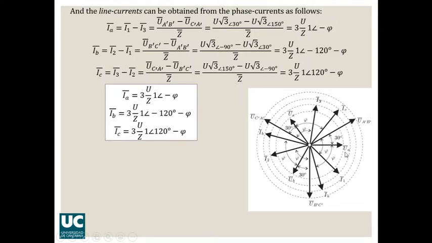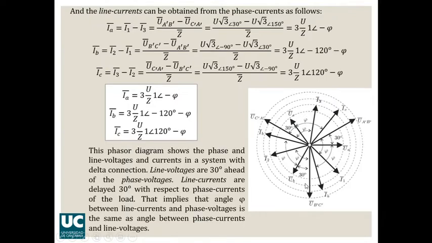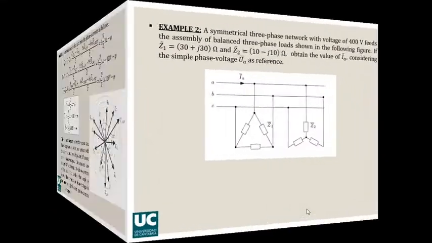You can see that phase voltage A and line voltage AB are shifted with an angle of 30 degrees. And you can also see that the line current is shifted an angle of phi with the phase voltage. Here you have the explanation of the diagram.